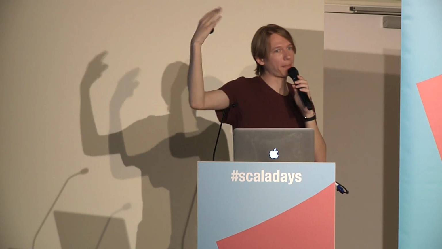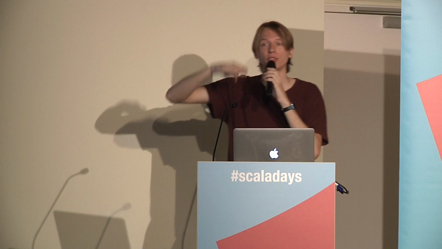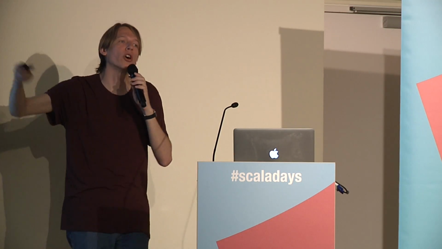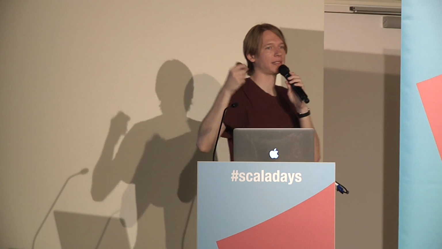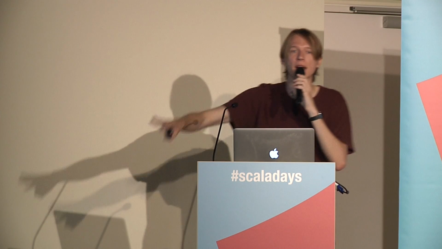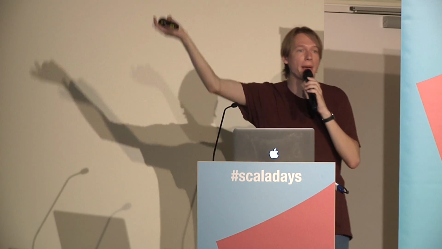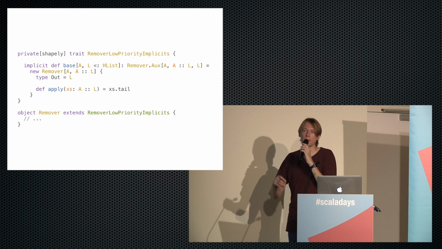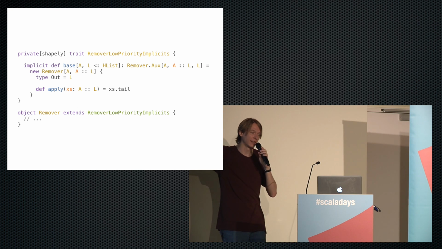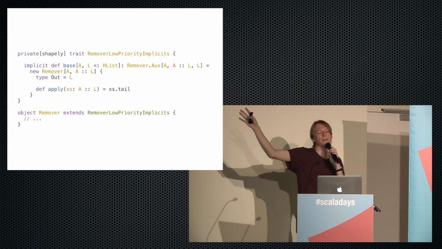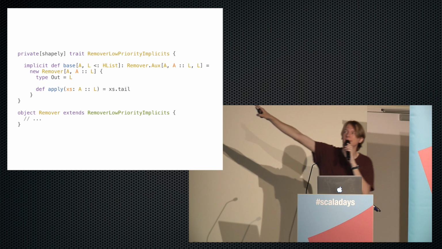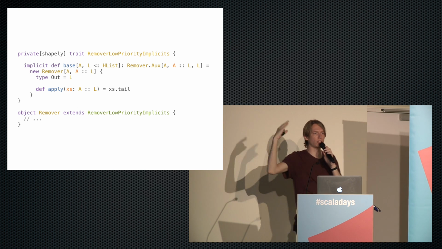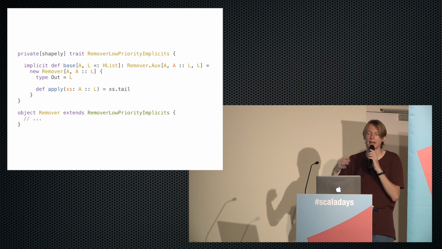This is actually really, really powerful because, since you know that it's going to go in that order, you can put more specific implicit facts in the subtype, i.e. in the companion object itself, and less specific, more general fallback cases in the supertype. And this allows you to arrange things and deal with these ambiguities. So in this case, we're going to put the base case in a low priority implicits trait. And you notice this base case doesn't take any implicit parameters, which is your hint that there's no constraints here, right?